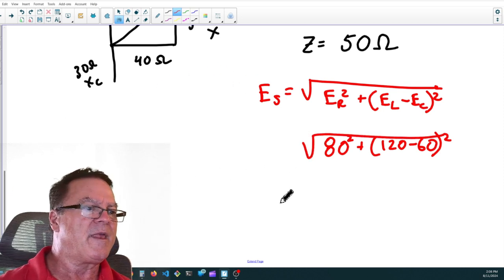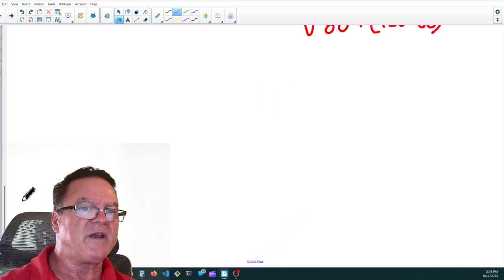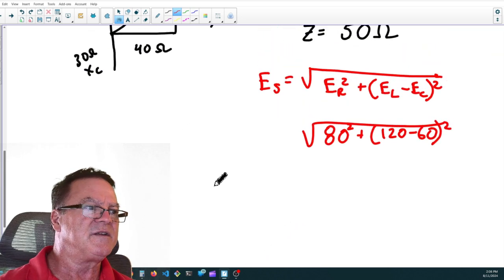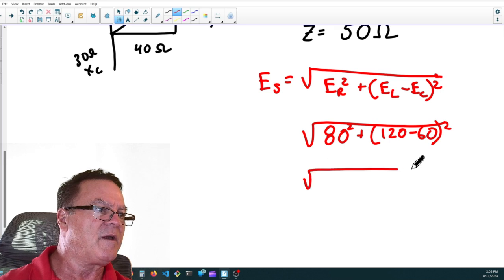So, extend my page again. This page is 7 feet long. Square root of 80 squared plus 60 squared, 120 minus 60.